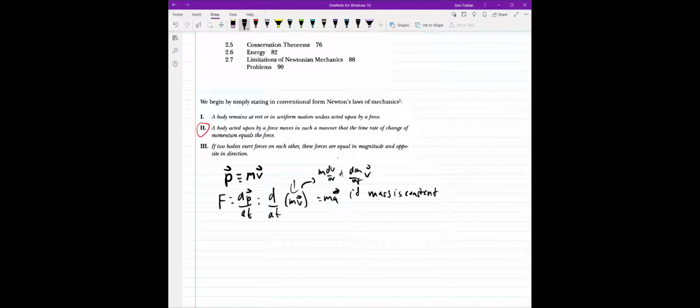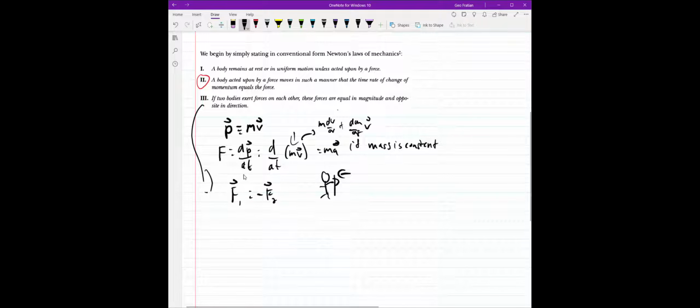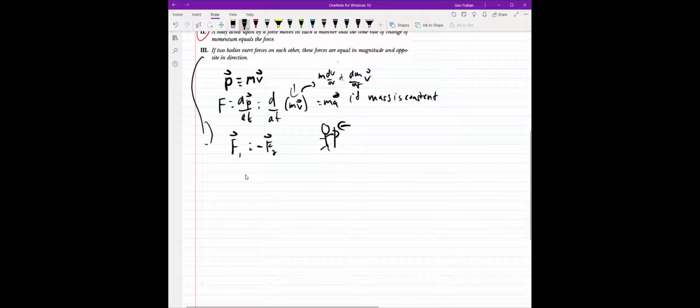And basically, we can get into the third law, which says that for two isolated bodies, force 1 is equal to the negative of force 2. In other words, if I push on a wall like that, the wall pushes back on me like that. So we can use Newton's second law and see what this looks like. dp1/dt has to be equal to negative dp2/dt.